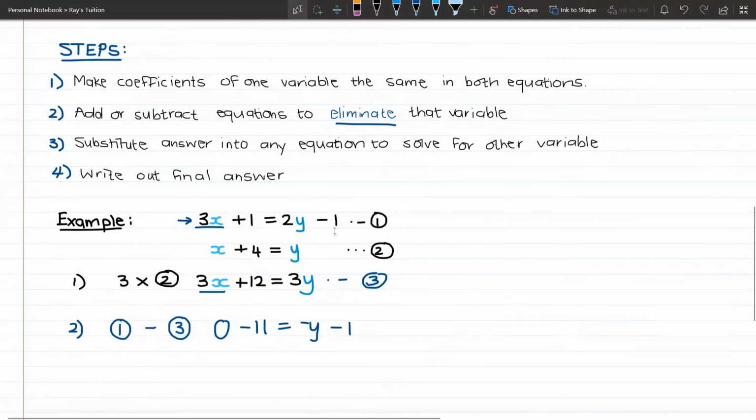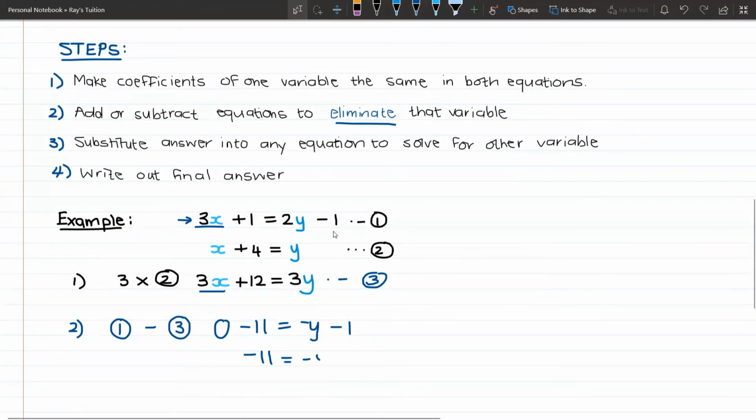So it's just subtracting these two equations. So then what we have is minus 11 is equal to minus y minus 1. And then we take the 1 over, minus 10 is equal to minus y. So y is equal to 10. So there we have successfully solved for y.